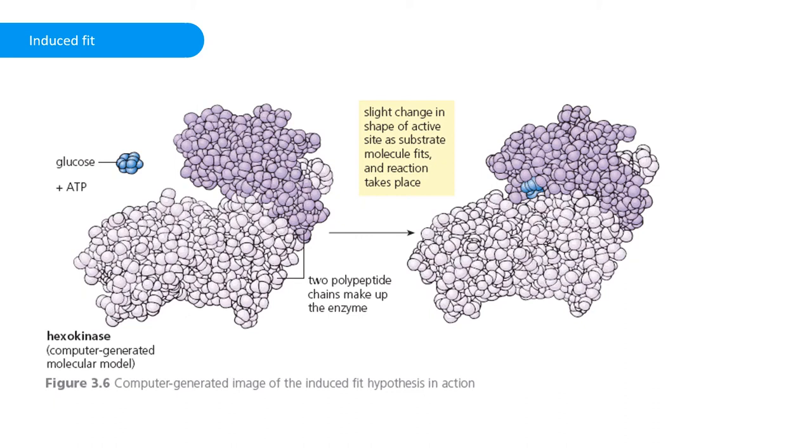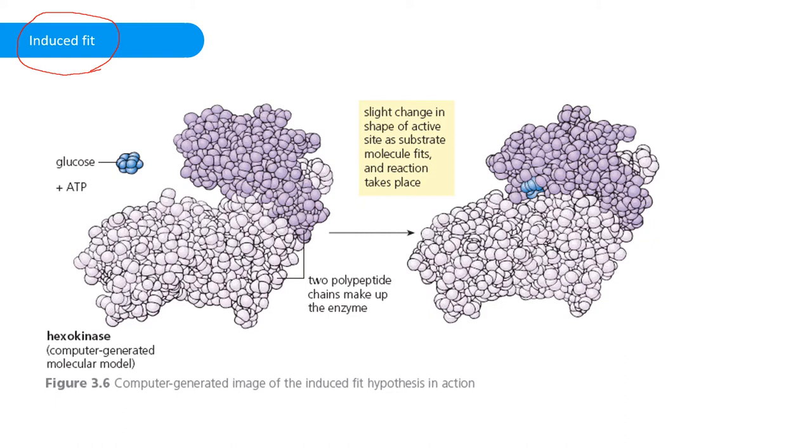So if you think about a key fitting a lock, there's no change of shape there. It's a very solid structure. Although I don't want to mislead you by saying the lock and key theory is not correct. It is. It explains why they're so specific. However, it doesn't explain everything, which is why scientists came up with this induced fit theory.